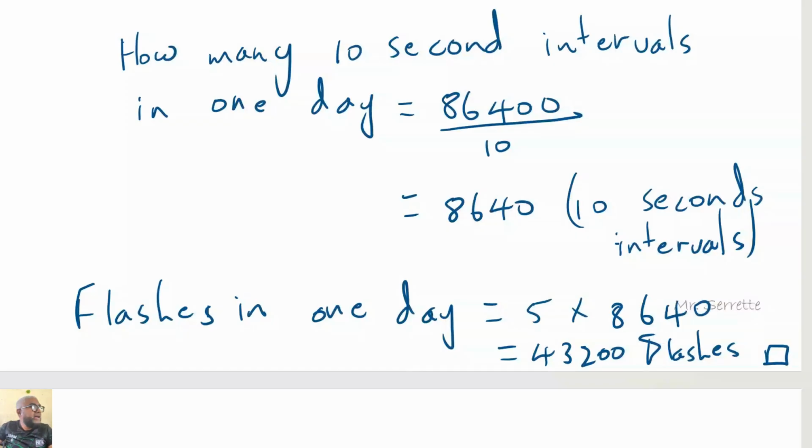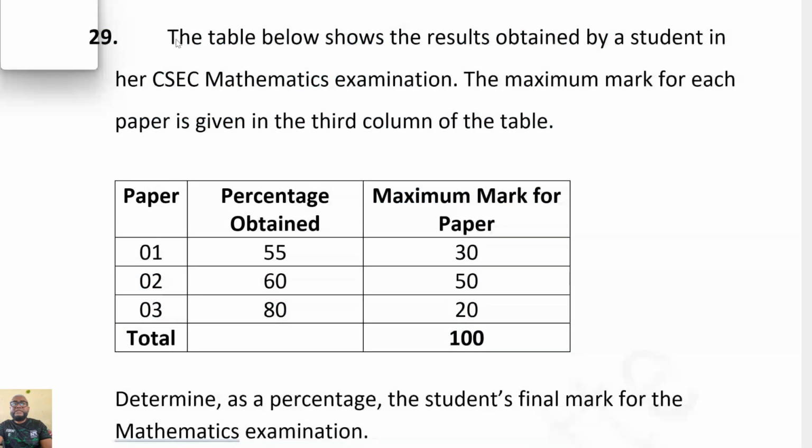Right. The table below shows the results obtained by a student in her CXC examination. The maximum mark for each paper is given in the third column of the table. So this is the max mark, right? Paper 1 is out of 30, paper 2 is out of 50, paper 3 is out of 20.